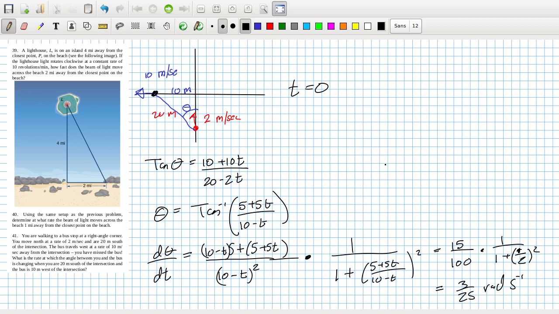Oh, unless they were talking about this angle. Possibly. Let's just double check I haven't made a mistake. The bottom squared, the bottom times the derivative of the top, minus the top times the derivative of the bottom. t is 0. I have made a mistake because 10 times 5 is 50. 50 plus 5 is 55.